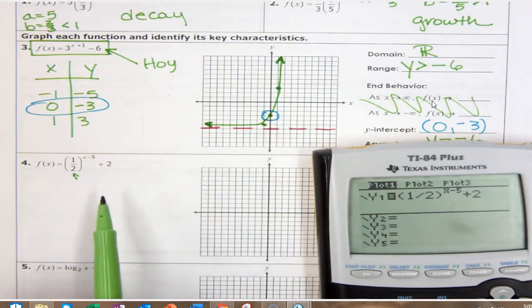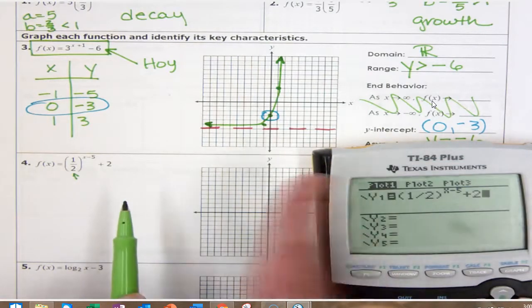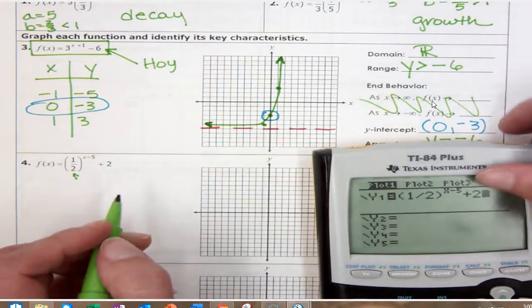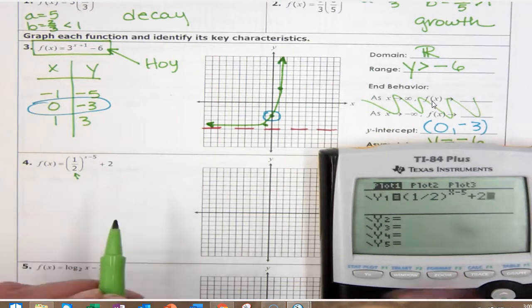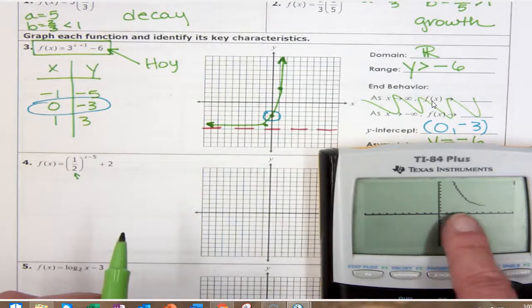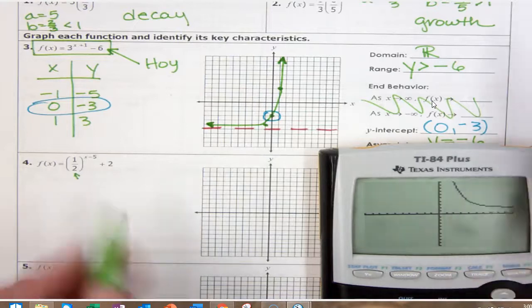I'm expecting that graph to move up 2 and translate to the right 5. We'll talk about that in a minute. But graph, you can see it's raised up 2 and is translated to the right 5.